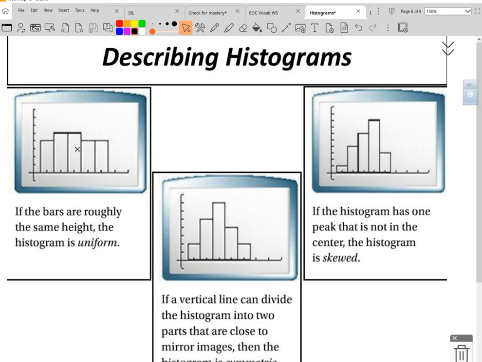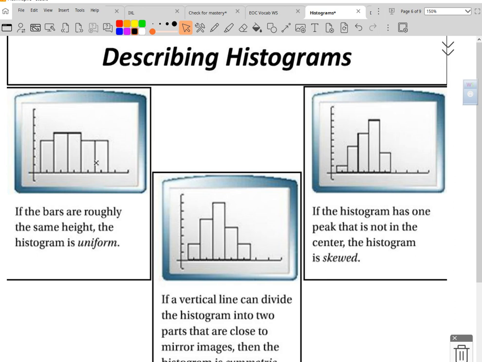So, uniform, you notice that these words aren't exactly the same, but they have to be approximately the same. Even though they're not exactly the same, we would still say that that set of data is uniform. When we describe the histogram, we're actually describing the set of data that it represents. So if your histogram looks like that, then that set of data is uniform.